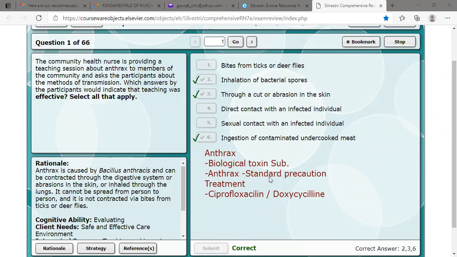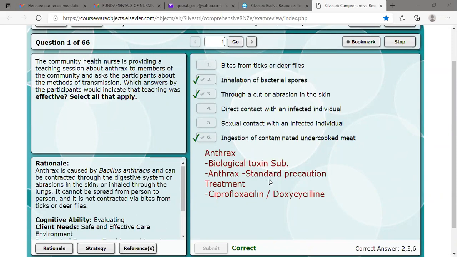For anything related to standard precautions, like anthrax, we always use them for care of all clients. When you're dealing with any client, we follow standard precautions, because they can prevent direct contact with all body fluids. Standard precautions are routinely practiced by all healthcare providers, and it is safe for you and safe for your patient.